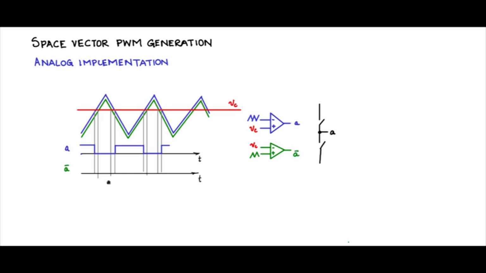Whenever the triangle is higher than minus Vc, it will be positive. You see here the intersection points, it will be positive in this fashion, like this.